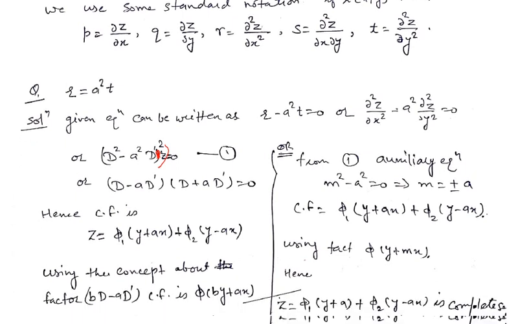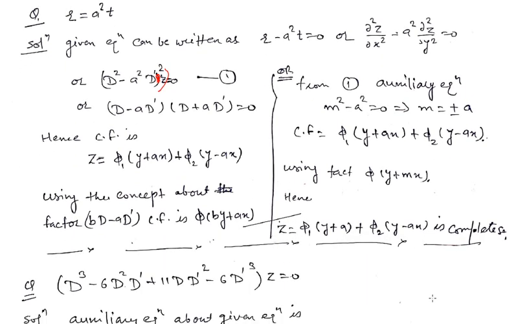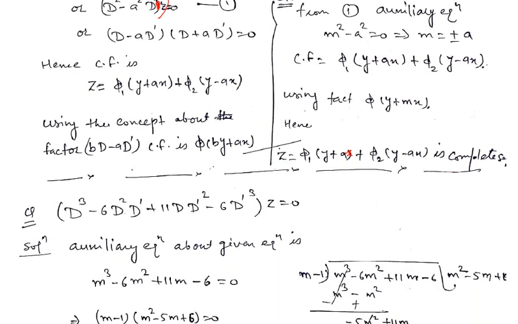Hence its solution will be z = CF, that is z = φ1(y + ax) + φ2(y − ax). This is the complete solution or general solution of the given problem, as PI is 0 here.